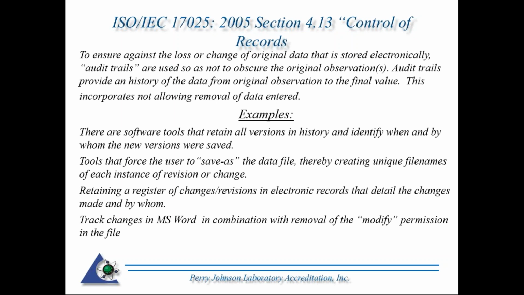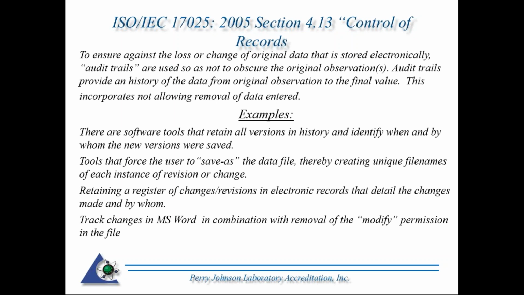To ensure against the loss or change of original data that is stored electronically, audit trails are used so as not to obscure the original observations. Audit trails provide a history of the data from original observation to final value. This incorporates not allowing removal of data entered. Same as the handwritten principle, but in a more sophisticated manner being done electronically.